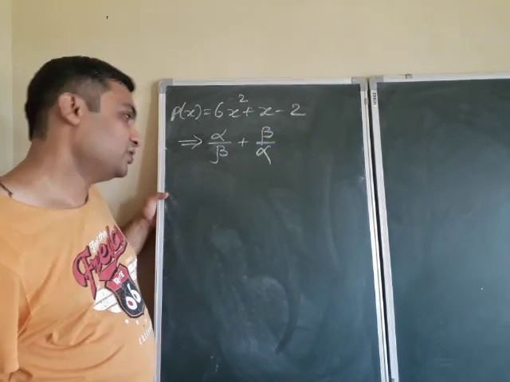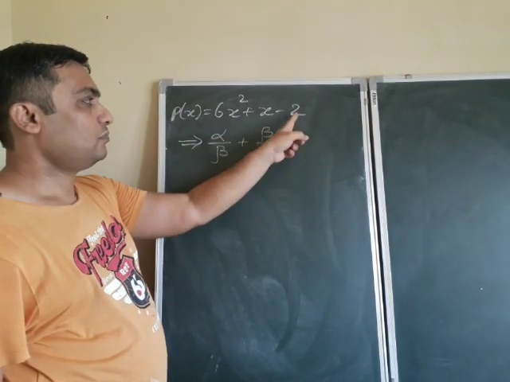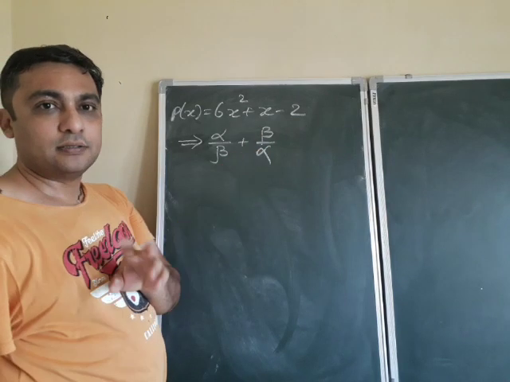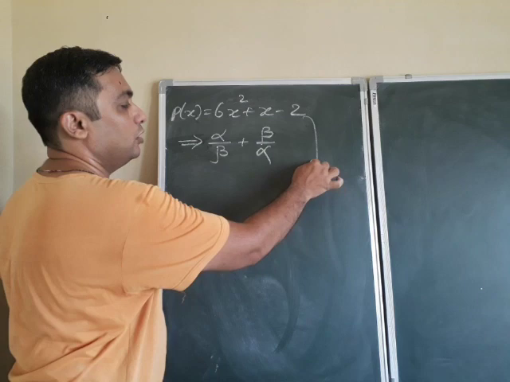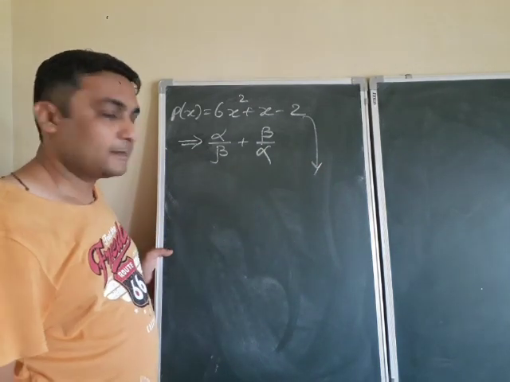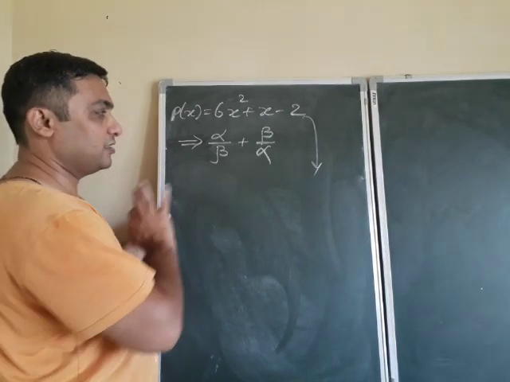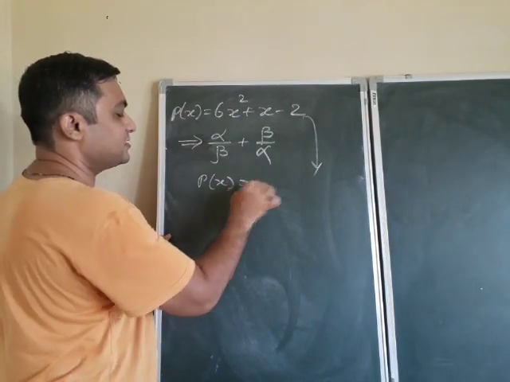Chaliye, ready? See, first of all, we need to find out the roots, because alpha and beta are known as the roots of the polynomial. So first of all let's find the roots. Clear? Okay. See, I suggest different methods. First method, a simple method: first you equate your polynomial to zero.